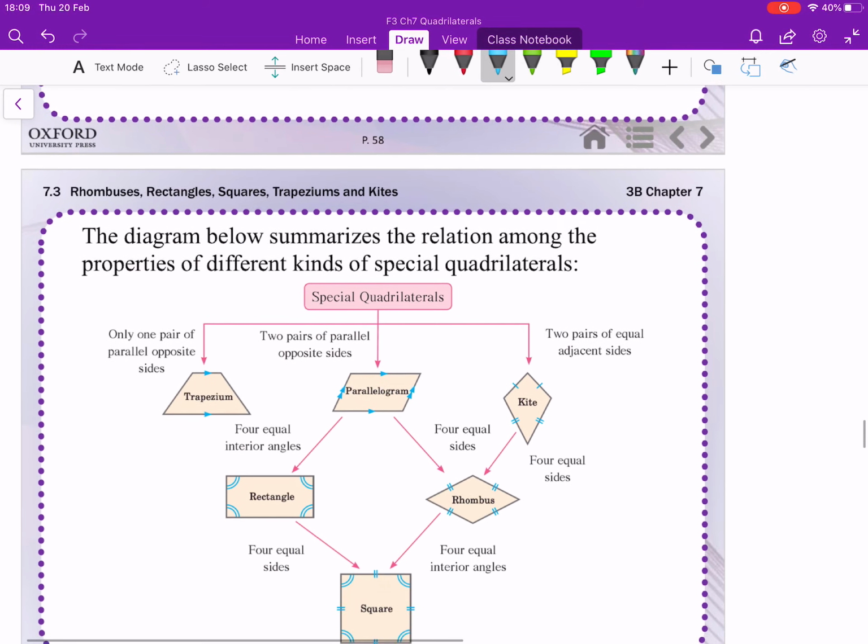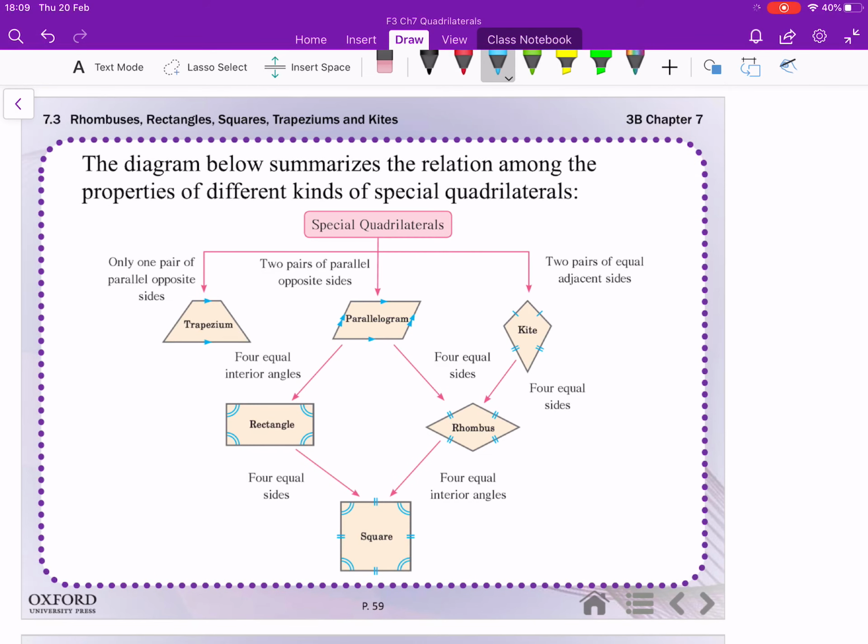Okay, so finally, a little summary for section 7.3. In this graph, you can see all the quadrilaterals we mentioned in chapter 7. The notation on them actually represents the definition of that quadrilateral.